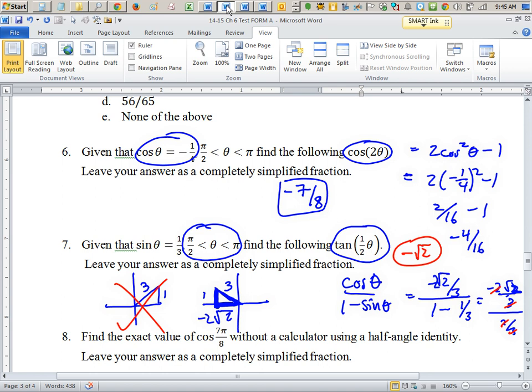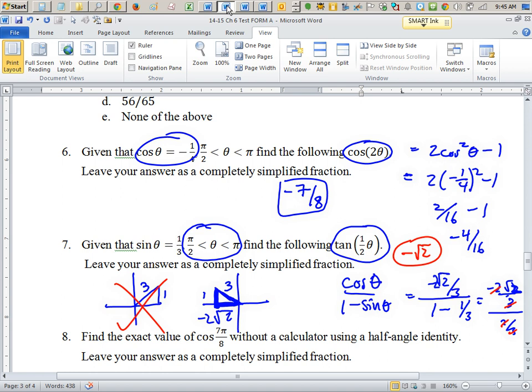So it's root 8. It's negative. Cosine over 1 minus sine. 2/3 cancels out. Don't see any errors there. Does anyone see my mistake? Did anyone get this problem right?